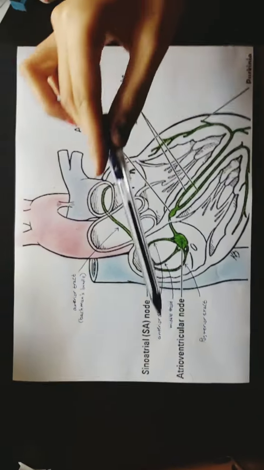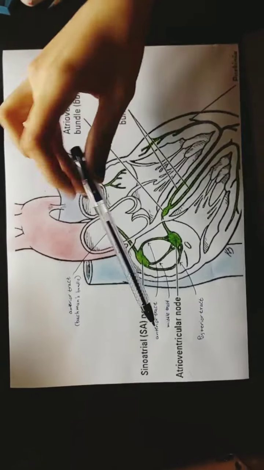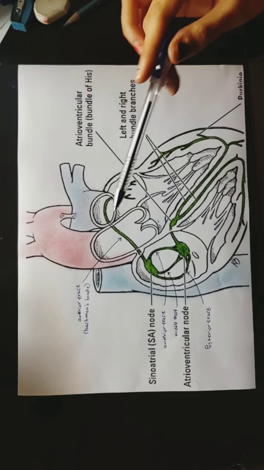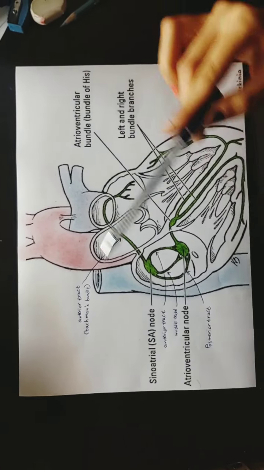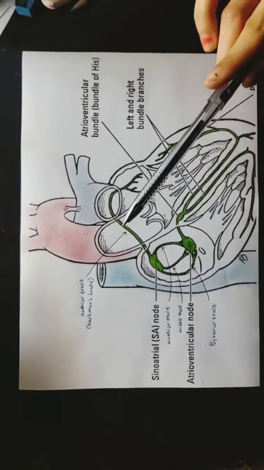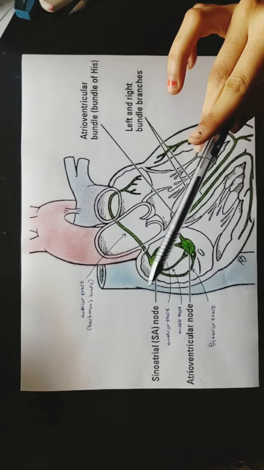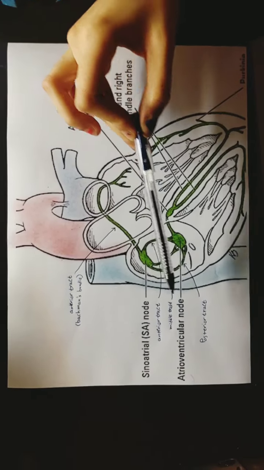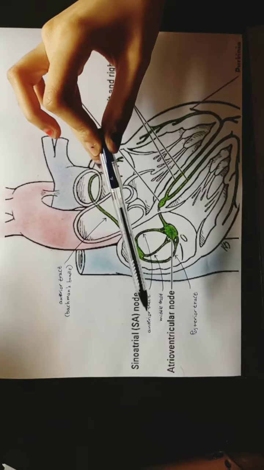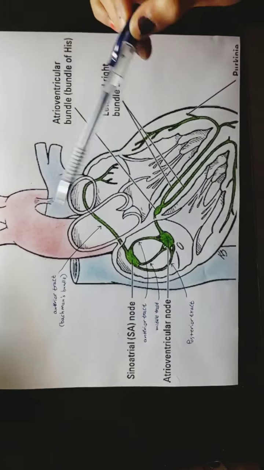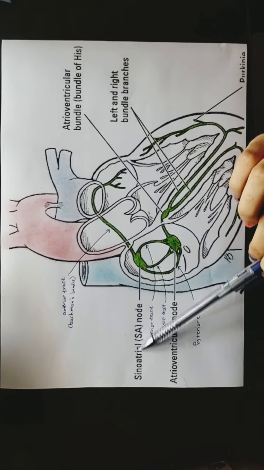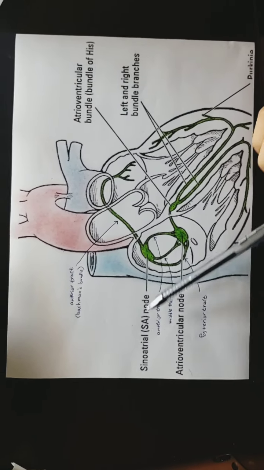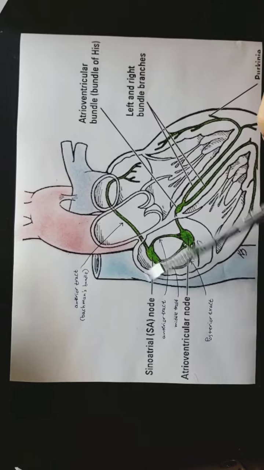The sympathetic and the parasympathetic nervous system can have effects on the sinoatrial node. The sympathetic nervous system can cause an increase in the rate or the force of the contraction, so it can affect how the sinoatrial node gives the electrical impulse.